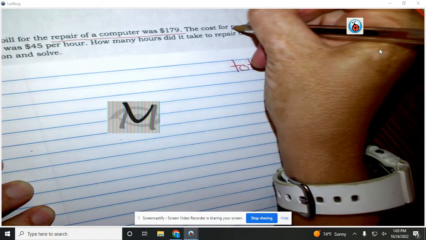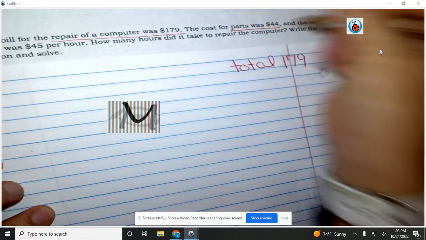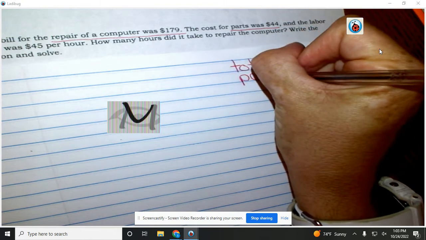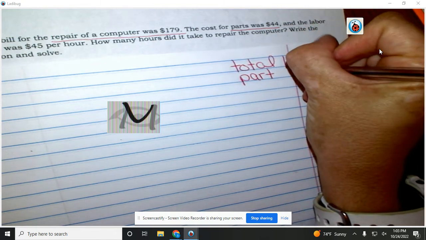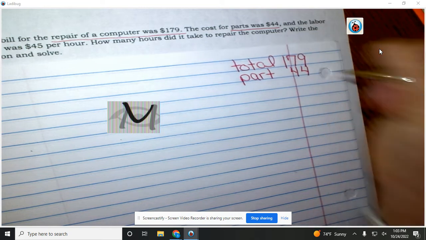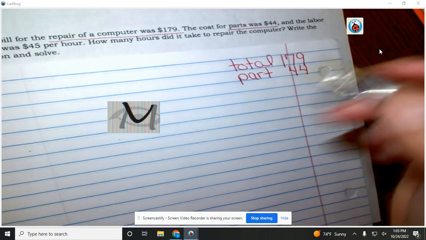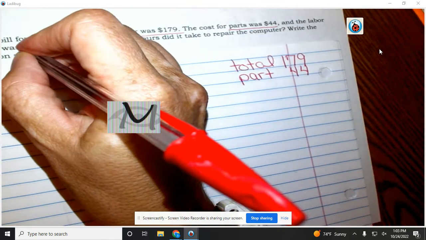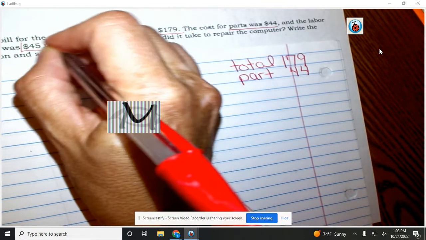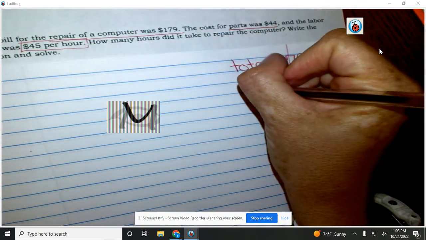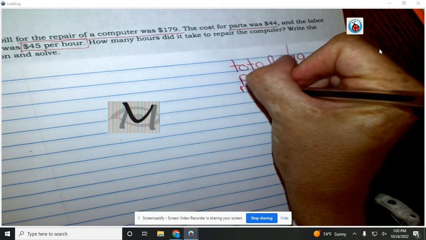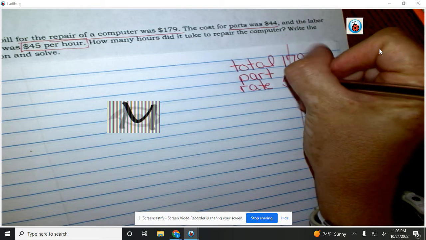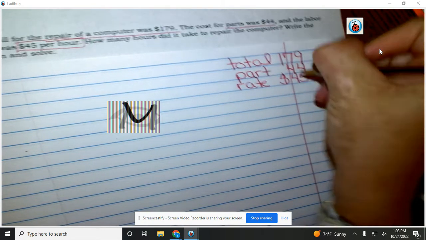Okay. We also know that a part was $44. And they didn't do multiple parts, they just did a single part. So we know that we have $44 here. Now, here's something that we talked about before. The labor charge is $45 per hour. All right, so let's just say the rate is $45, and everything here we're working with money.